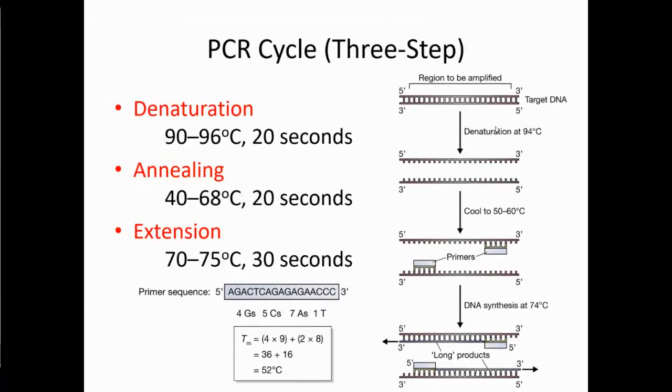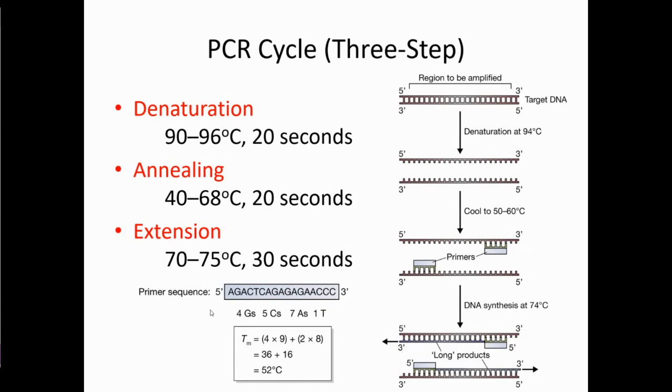So when they cool down from 94 to 50, more than 50% of primer will find their target and bind to the target sequence. Then increase the temperature to 70 degrees, which is the optimal temperature for the Taq DNA polymerase, and then they can perform the DNA synthesis. Okay, so that's the 3 steps, and that's one cycle.